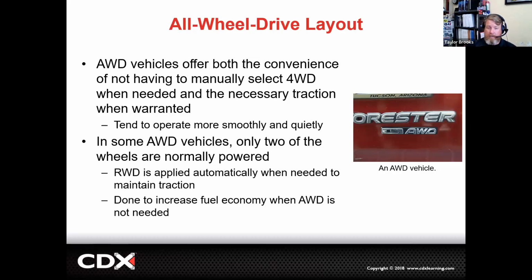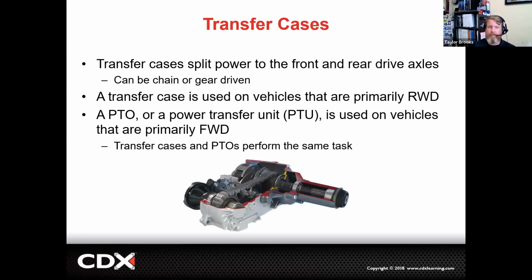All-wheel drive vehicles are going to be biased one way or the other, depending on if it's a front-wheel drive primary application or rear-wheel drive application. In the case of my Subaru, it's primarily rear-wheel drive, but it will still send about 30 to 40% torque to the front. Now, all-wheel drive systems are not meant for rugged, crazy off-roading. Again, this is for low traction situations.